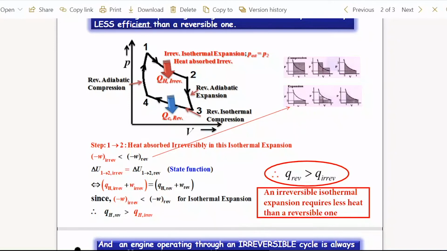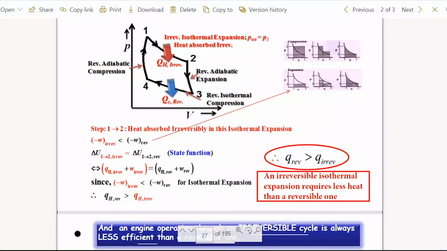Just have a look at what happens. I know that W minus means work is done on the system. And if I have a reversible and irreversible system, what can you say from here?